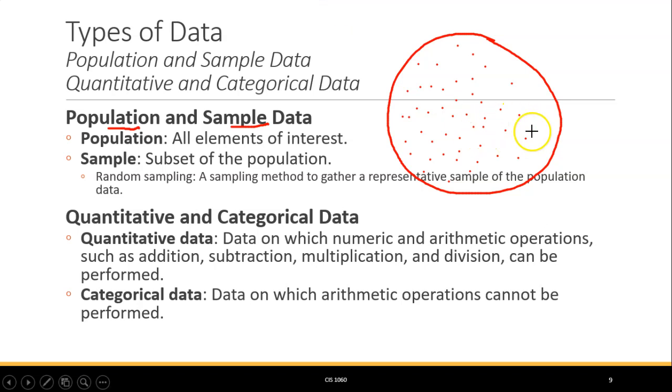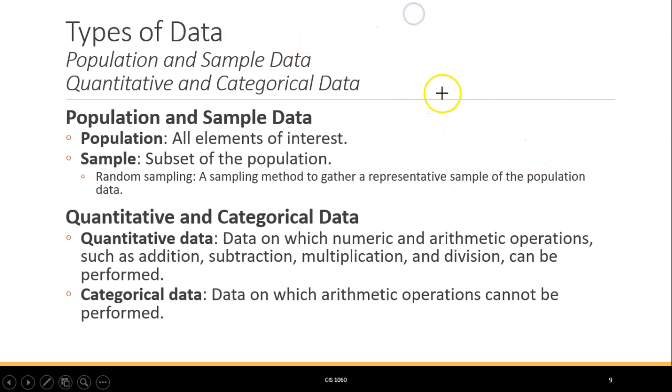But what I can do is take a little group of people right over here that I do have access to, and this area here, that is my sample. So that becomes the group of people that I end up surveying, and that is the sample of my particular group of interest.